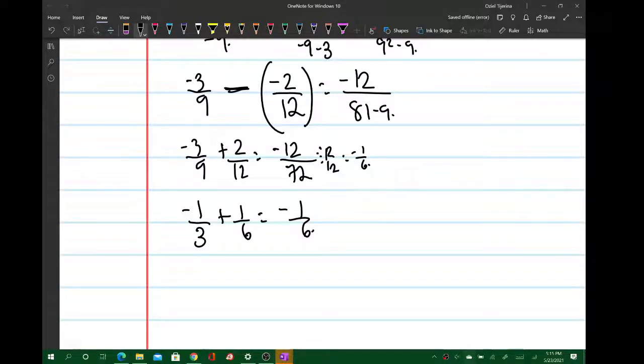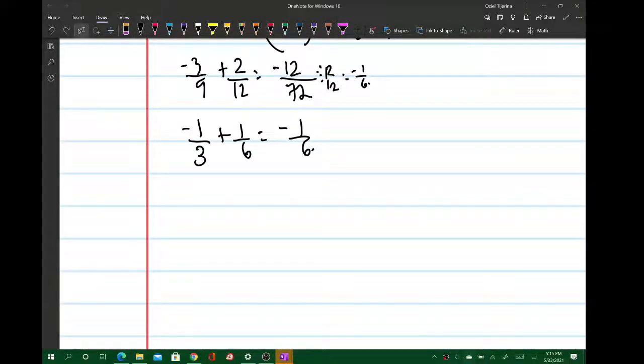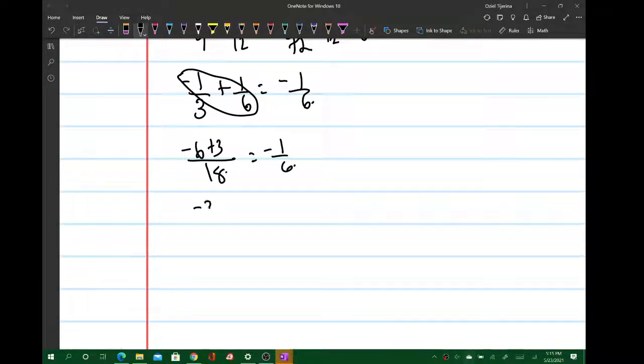So if we do basically like this, we have negative 6 plus 3 over 18 equals negative 1/6. So then we have negative 3 over 18 equals negative 1/6.